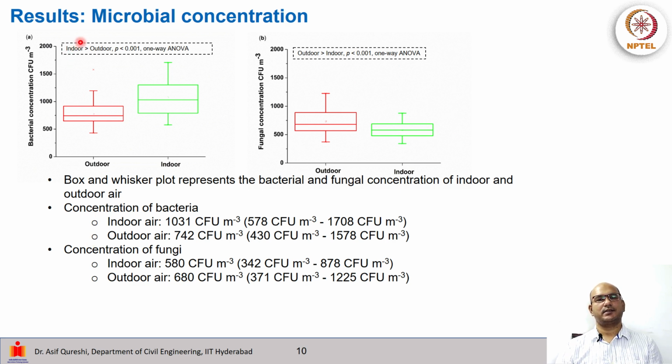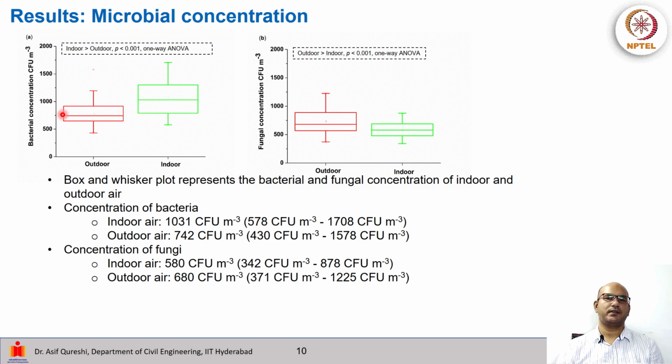This illustrates the results. First is the microbial concentrations. On this figure, we have the bacterial concentrations in colony forming units per meter cube. So indoor concentrations, the median value was around 750 colony forming units per meter cube.